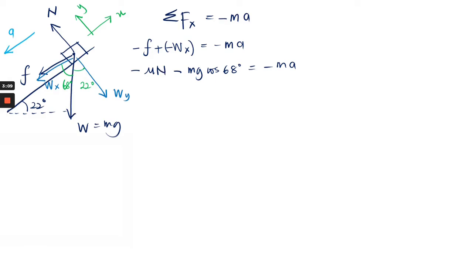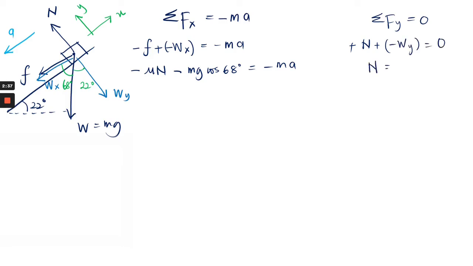With that, we use the total force on the y component, which is equal to 0 because there is no acceleration on the y-axis. The acceleration is only on the x-axis. The normal force N is positive because it is upward, plus negative Wy, and it is equal to 0.